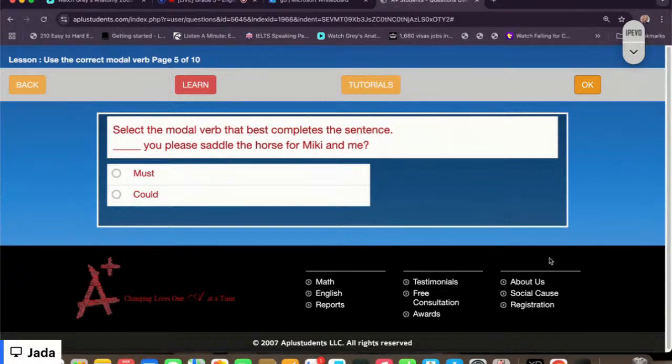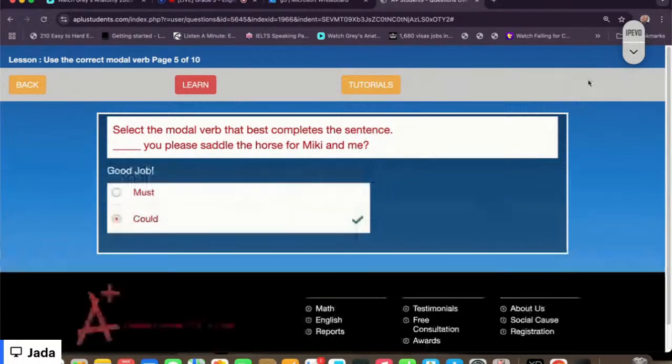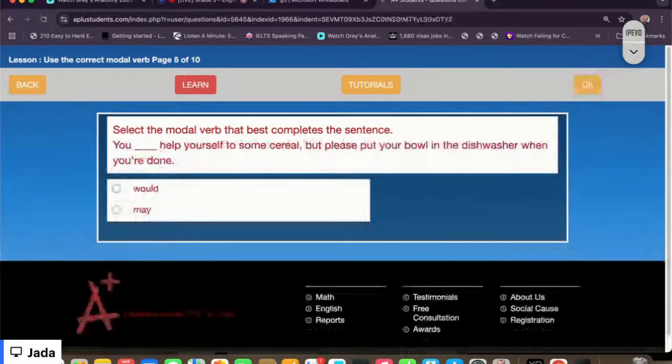Could you please saddle the horse for Mickey and me? So could, a request.